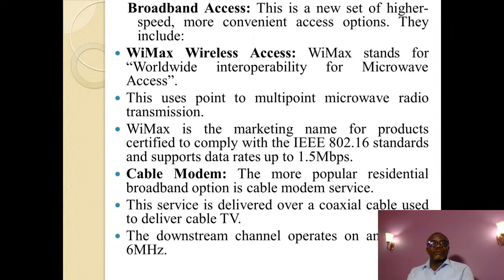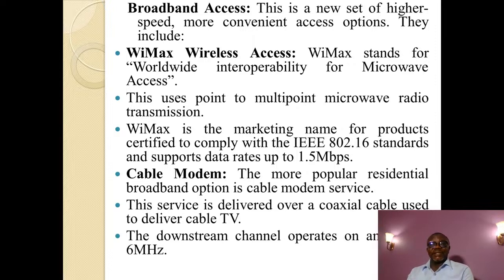These options include what is known as WiMAX, wireless access. WiMAX stands for Worldwide Interoperability for Microwave Access. Some private people also make use of WiMAX to access the internet, and it uses point-to-multipoint microwave radio transmission.